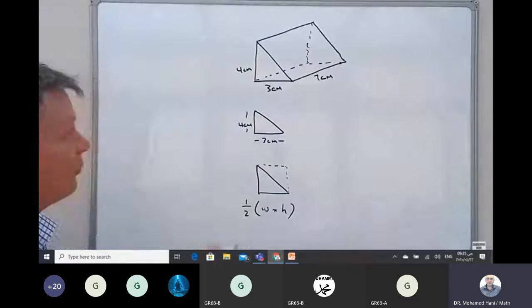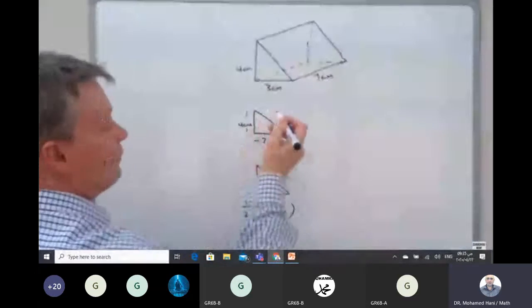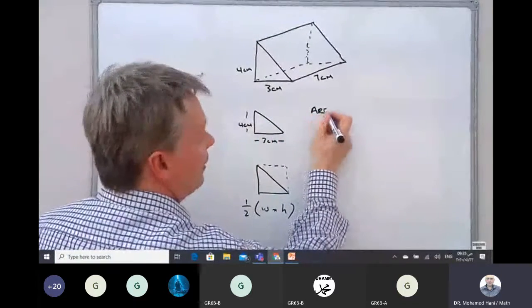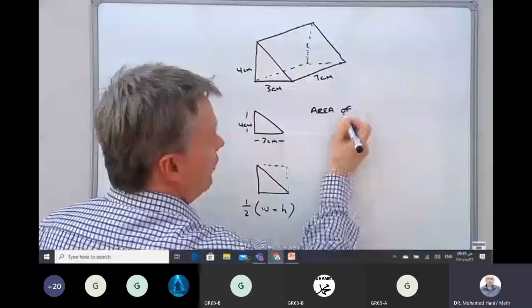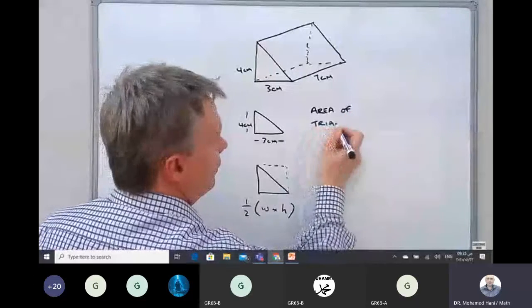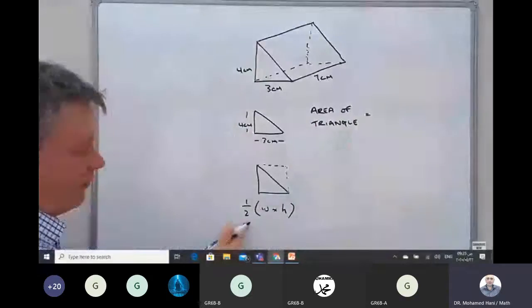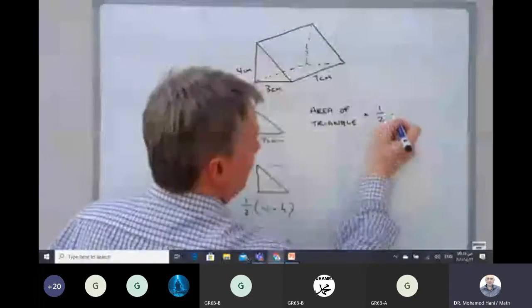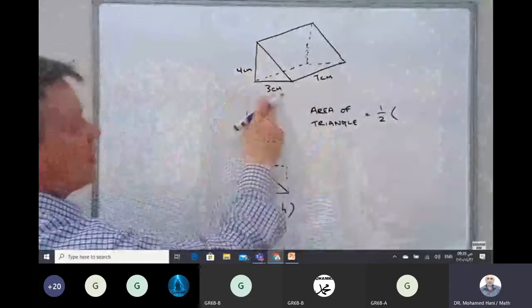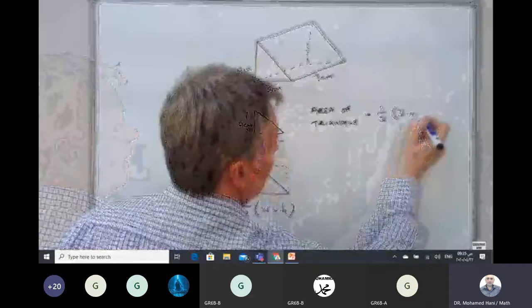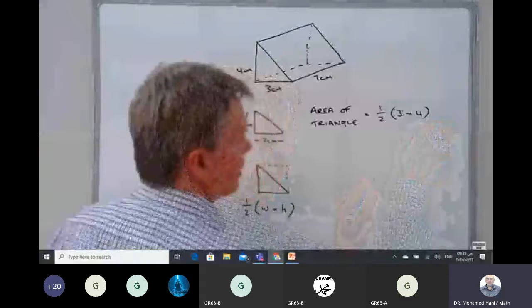Okay, so what we've got here is, if I just write to the side, area of triangle equals a half width, which is 3 centimeters, multiplied by the height, which is 4 centimeters.